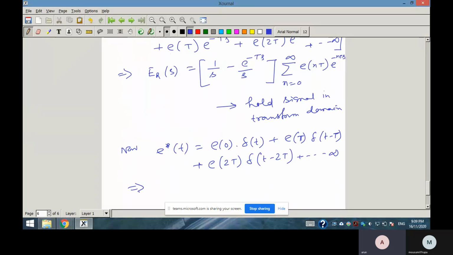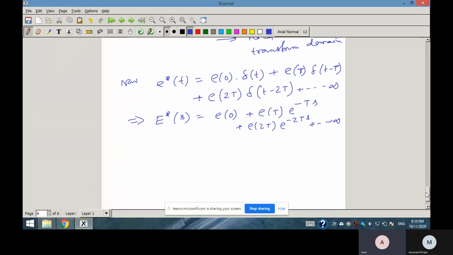This implies what is your E star(s)? E star(s) is E0, the Laplace transform of the delta function being 1, plus E(T) into e to the power minus Ts plus E(2T) into e to the power minus 2Ts plus, dot dot dot, infinity.